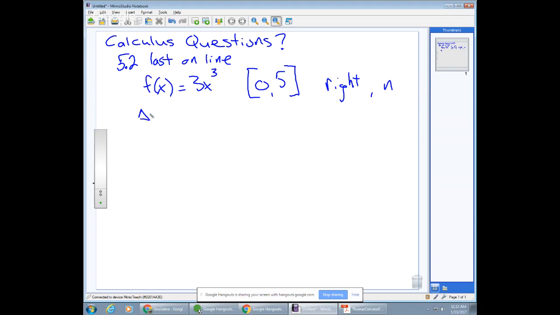So first thing I do is say, all right, if it's right-hand endpoints, that means I'm equally spacing these guys. So my delta x is going to be the width of the interval, 5, divided by n. And I'm starting here at 0 and jumping over 5 over n each time. And so that means the places I'll end up will be 1 times 5 over n, and then 2 times 5 over n.